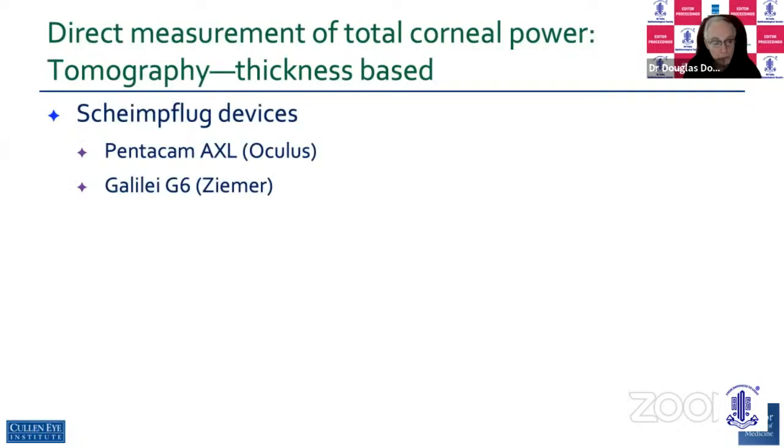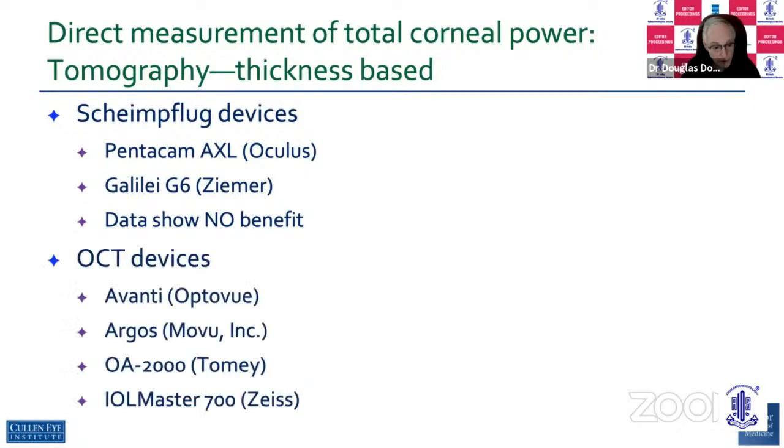We can measure posterior corneal curvature using Scheimpflug devices, but all of the data that I have seen show no benefit of measurement with Scheimpflug devices. In fact, they don't perform as well as, for example, the Barrett or the Abulafia-Koch. OCT devices, we have many of them now, the swept source OCT devices that are measuring the posterior corneal curvature, and I'm really going to be interested to see what the Anterion does because it's measuring so many different meridians.